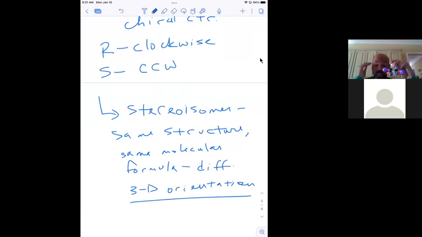What all that 3D orientation means is the configuration, how the groups are attached to that chiral center. Is that making sense? Are the models helping at all?